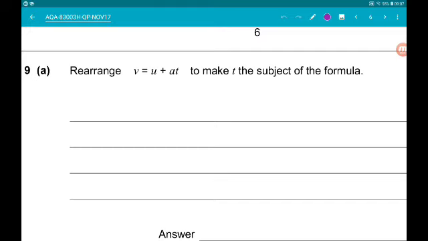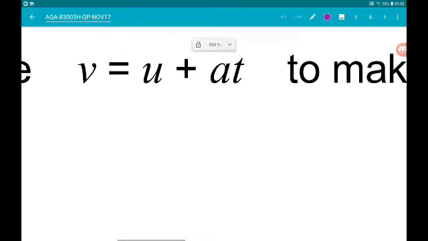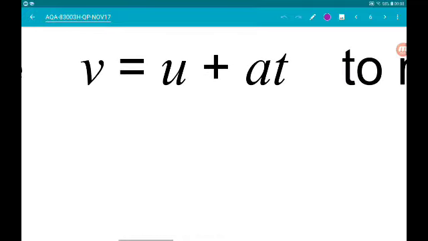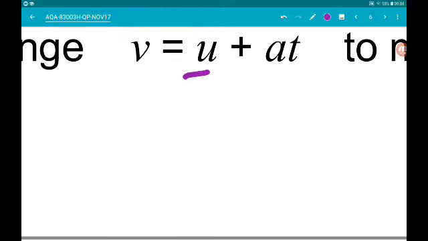Okay, question 9a, we have a little bit of physics and mechanics. We want to rearrange v equals u plus at to make t the subject. So that means to get t on its own. So, first up, move anything that is not attached to t. So, u. So subtract u from both sides.